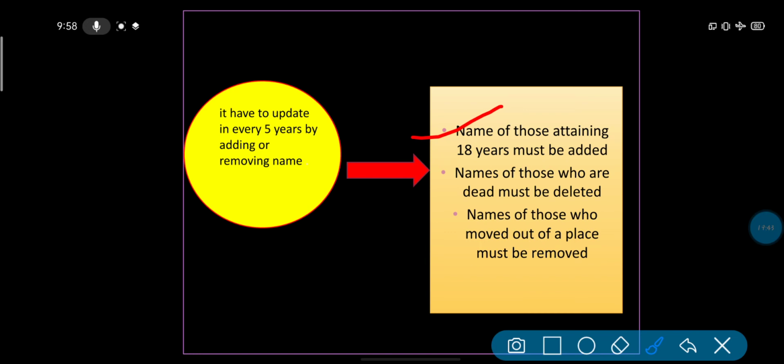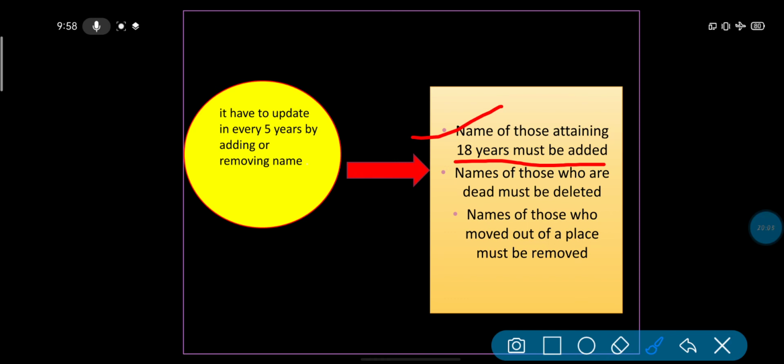And as they get their voter ID because they cross the age of 18, which is the minimum eligibility condition for casting a vote, the first thing during the update is that they enter the names of those who have just crossed 18 years of age.